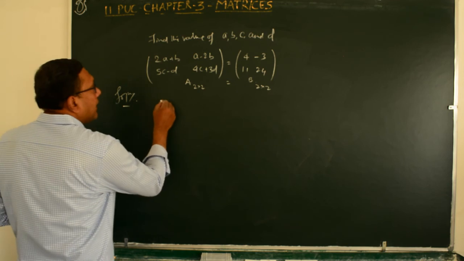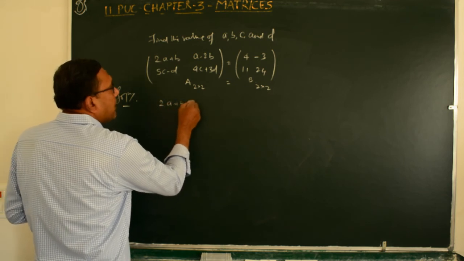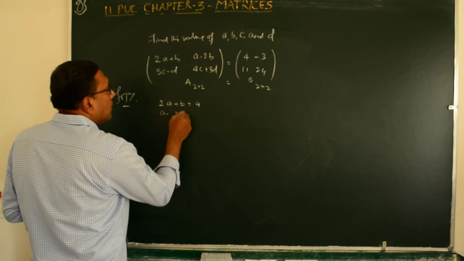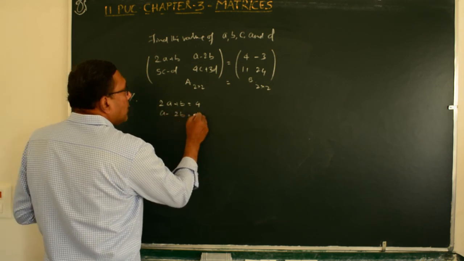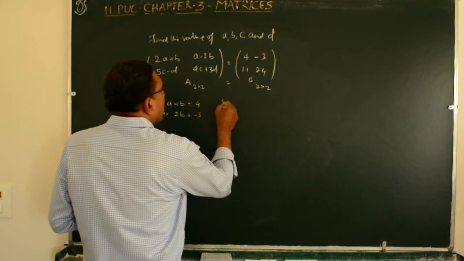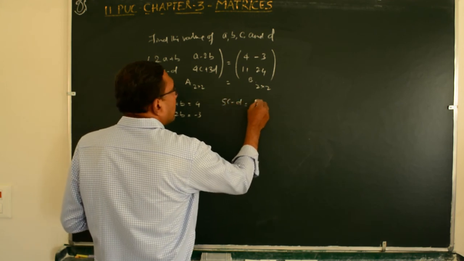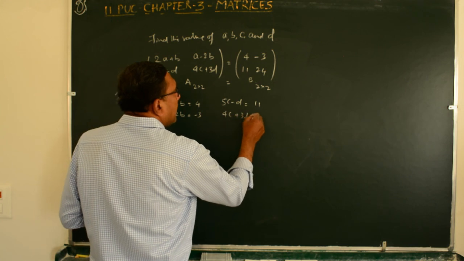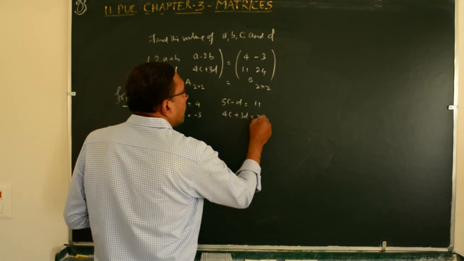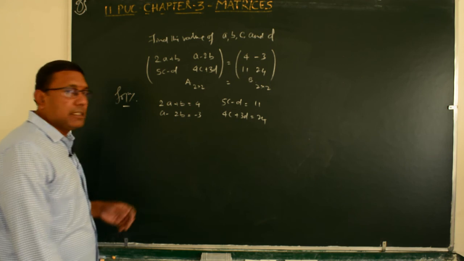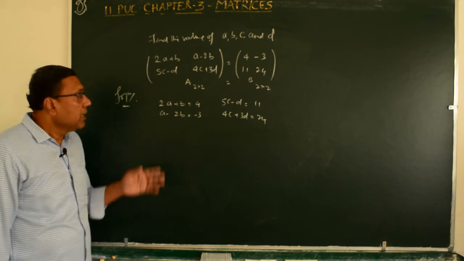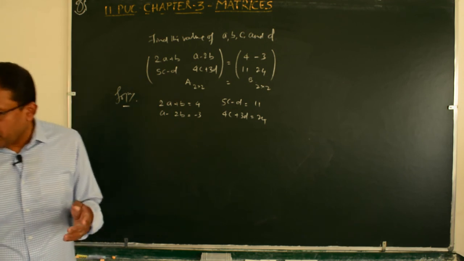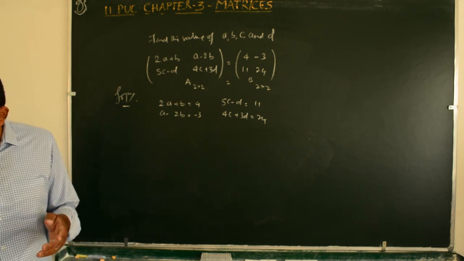We get the equations 2a plus b is equal to 4 and a minus 2b is equal to minus 3, 5c minus d is equal to 11 and 4c plus 3d is equal to 24. This is a system of equations. If we solve this, then we get the values of a, b, c and d.